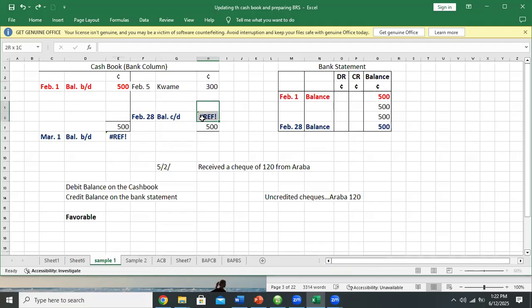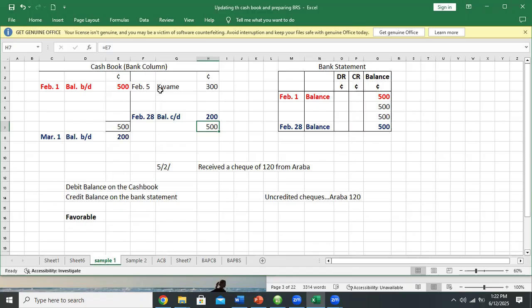Let me reconcile the balances so that we know how much. So look at something here. We had a balance of 500. We are making payment to Kwame 300, which means our balance will come to 200.